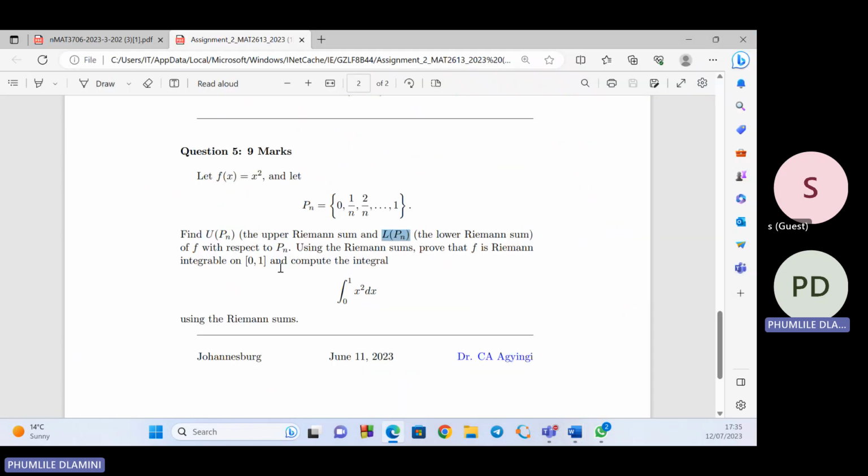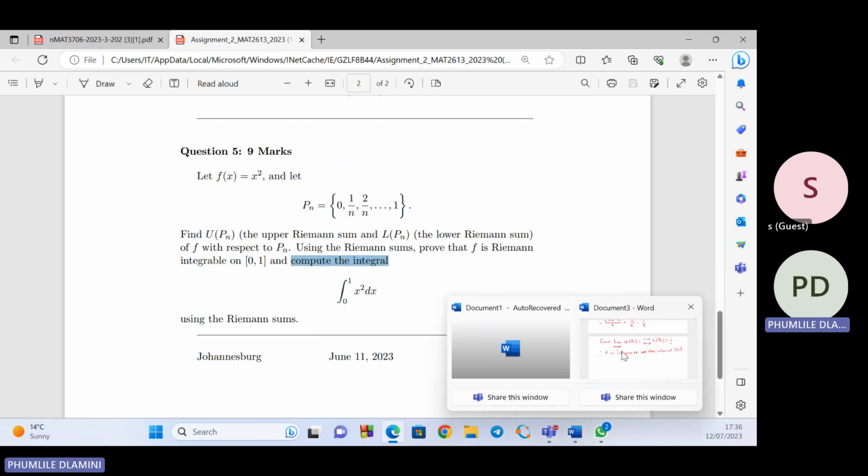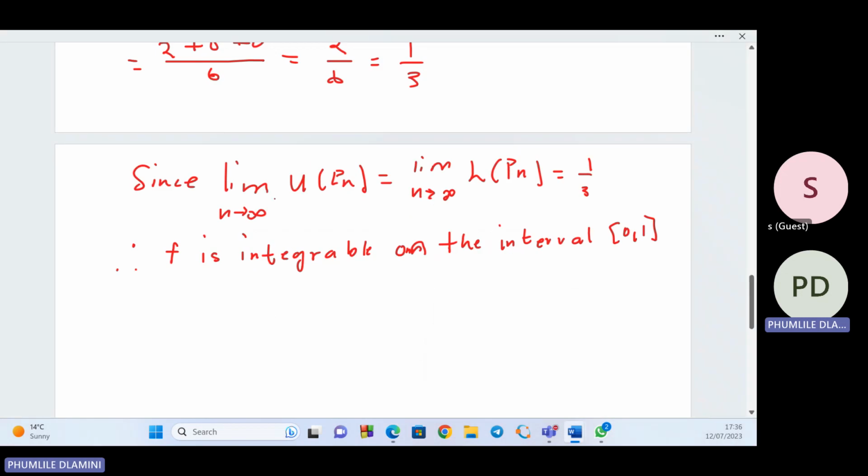So we're going to go back again to the same question. The question says, and compute the integral from 0 to 1 of x squared dx using the Riemann sums. When we use the Riemann sums to compute this, we found that the limit is equal to 1 over 3.